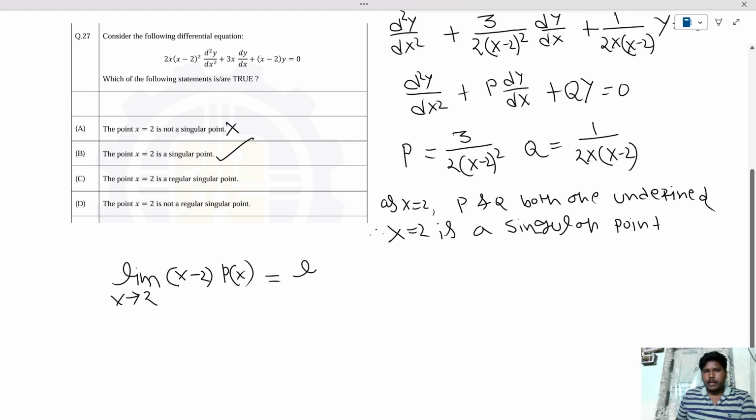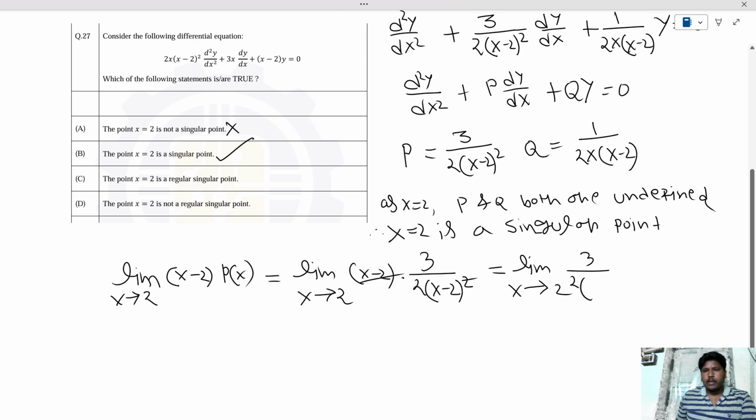But here we see that limit x tends to 2 of (x minus 2) into p(x), putting the value of p(x) as 3 by 2 into (x minus 2) square, gives, since x is not equal to 2, this cancels out, limit x tends to 2 of 3 by 2 (x minus 2), and this does not exist.